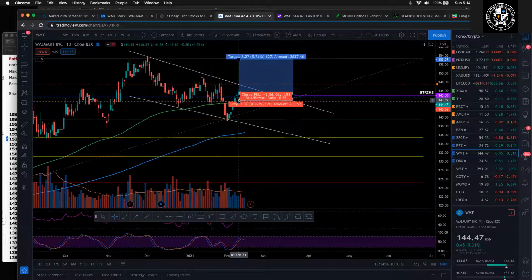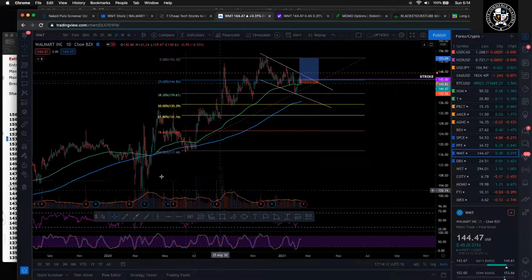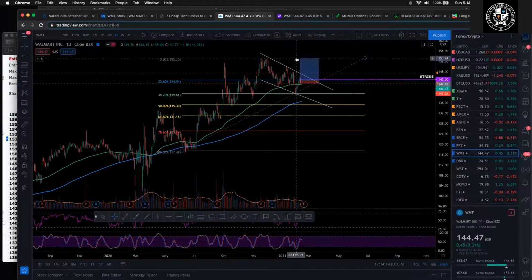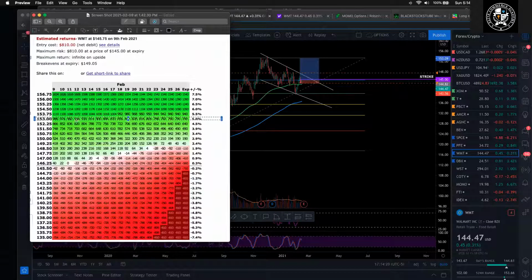If I wanted to believe in Fibonacci and go off of my Fibonacci measurements, then my exit would be at the 100% level, which is around $153. $153 on the options profit calculator would put me at around $856 profit.